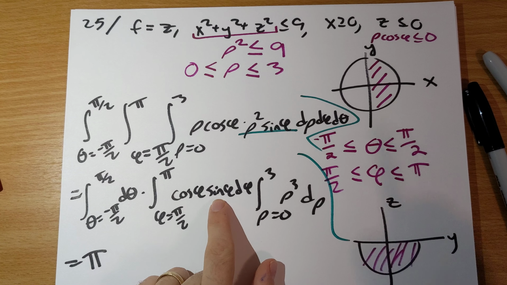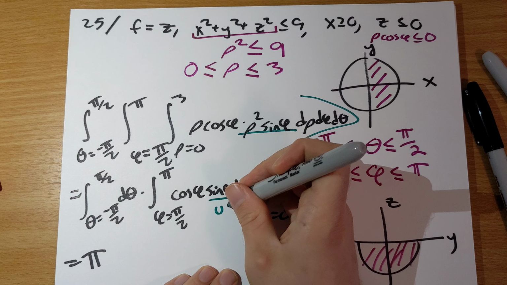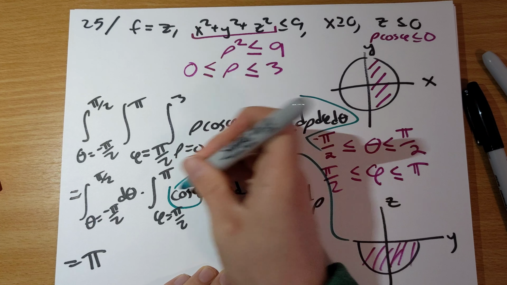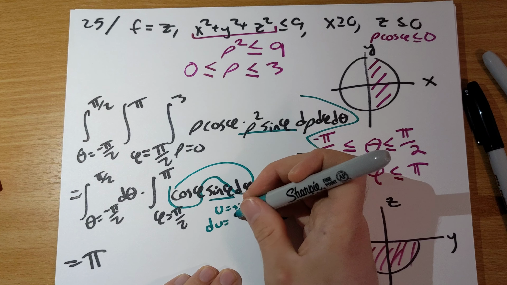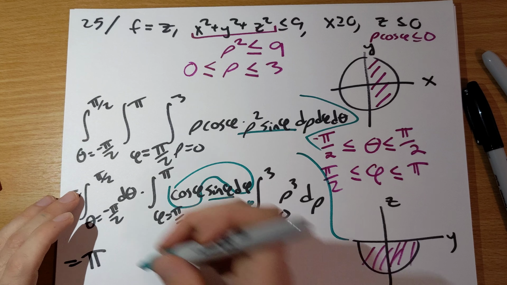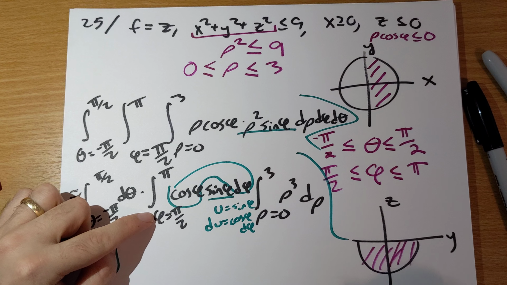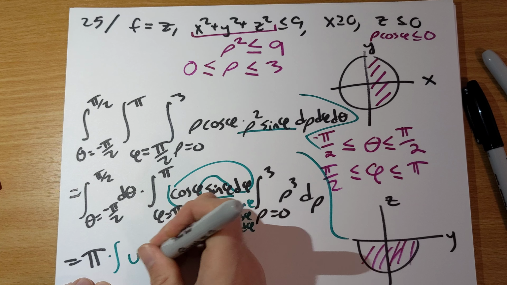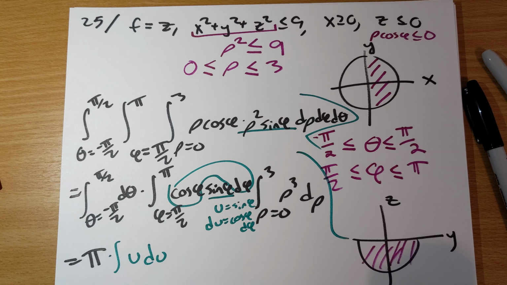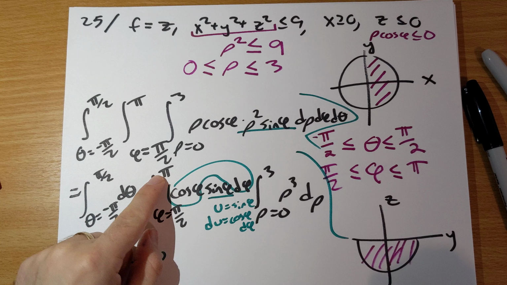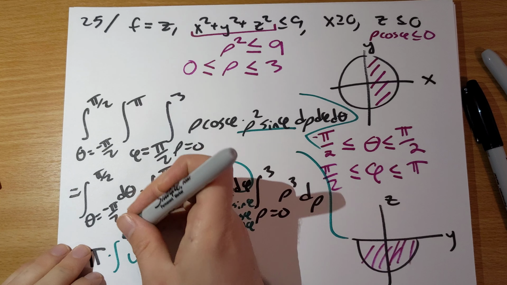For this term, we can set u equal to sine phi. And so then du will be cosine phi d phi. And so this integral becomes u du, when phi is pi, sine pi is 0.